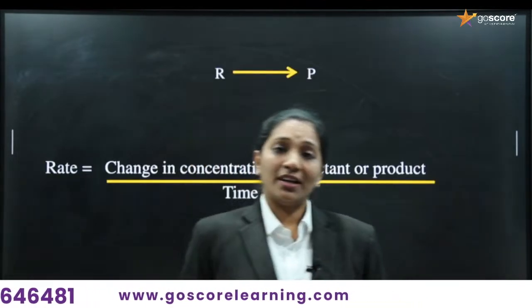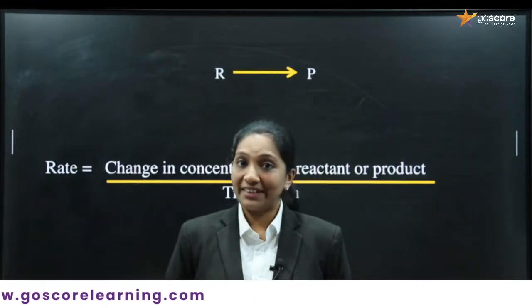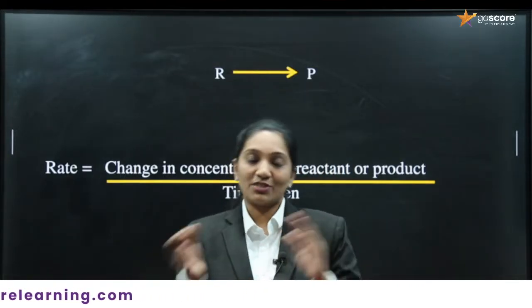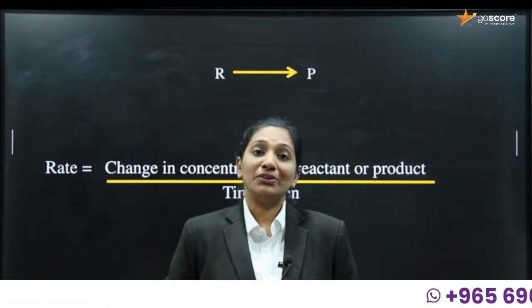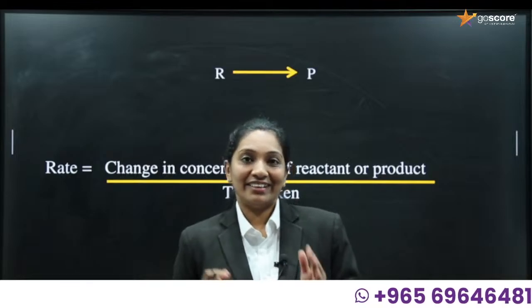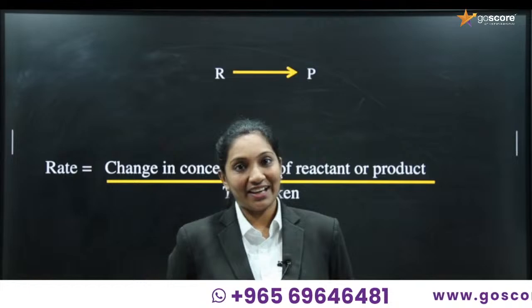Now see, during a reaction, we know that we have learned in the 10th standard what are reactants, what is product, what is a chemical reaction and everything. So during a chemical reaction, the reactant gets converted into product, right?